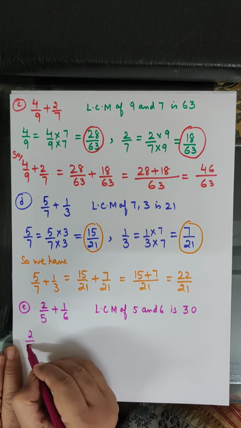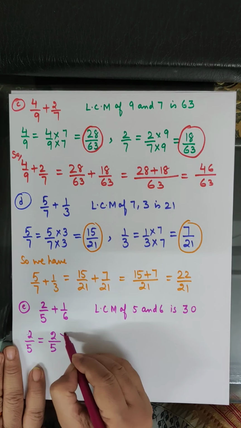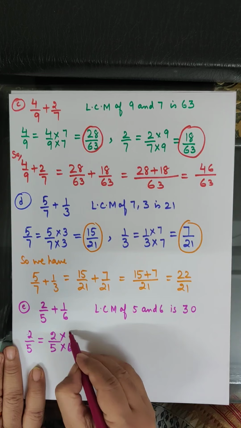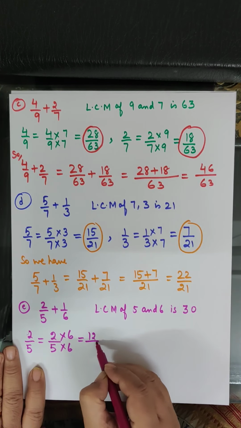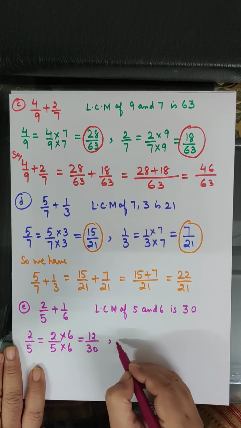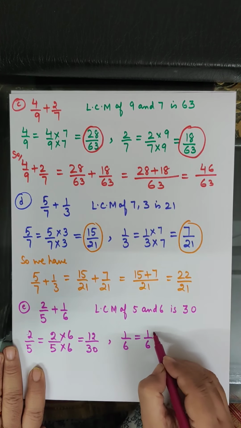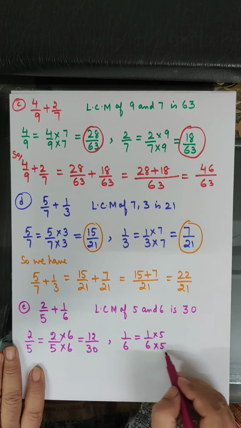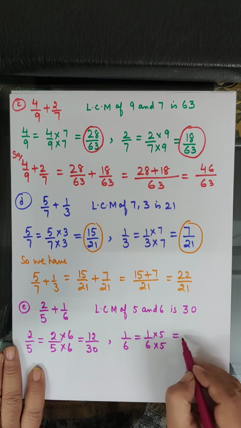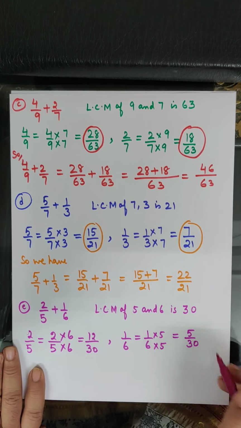So 2 upon 5 is equal to what? 2 upon 5 multiplied by 6, because 6 5s is 30, 6 2s is 12, 12 upon 30. Now 1 upon 6. 1 upon 6 we multiply numerator and denominator by 5 because we want 30 in the denominator. So this is 5 upon 30.